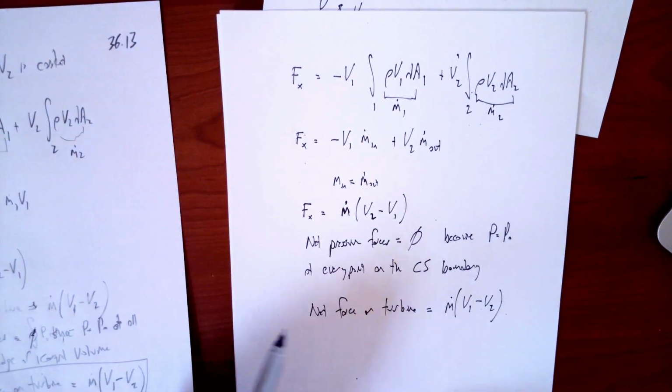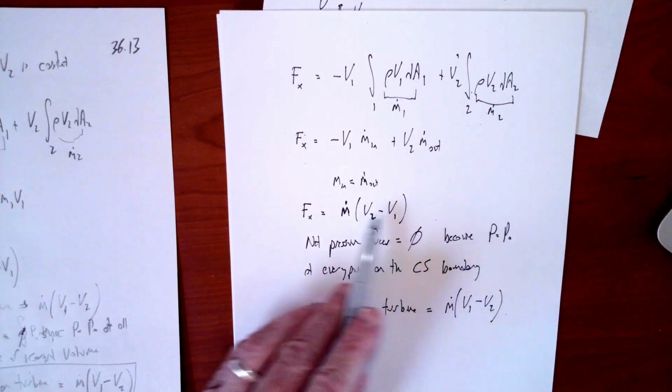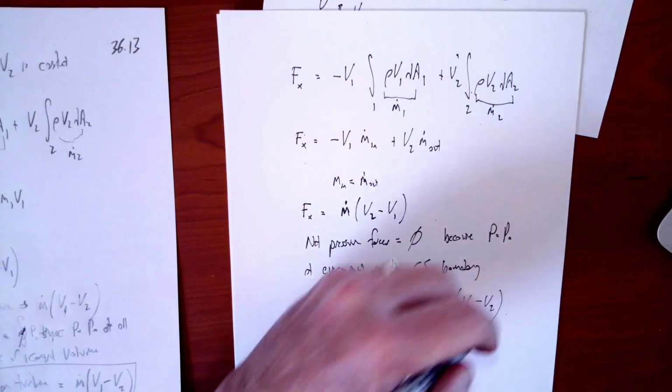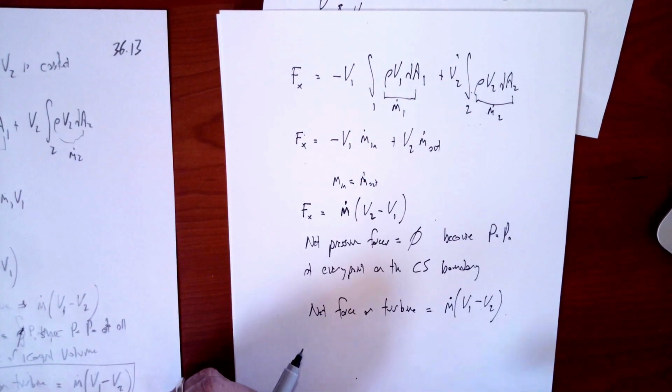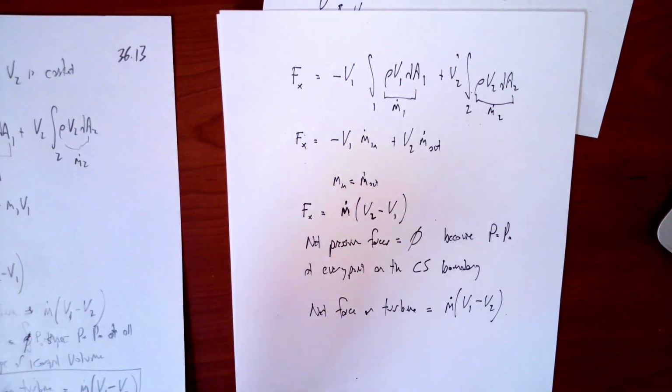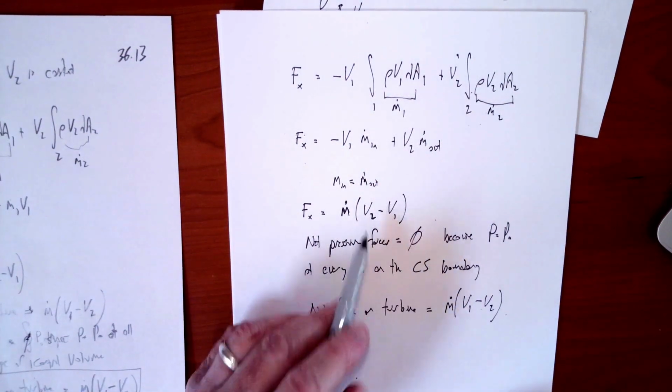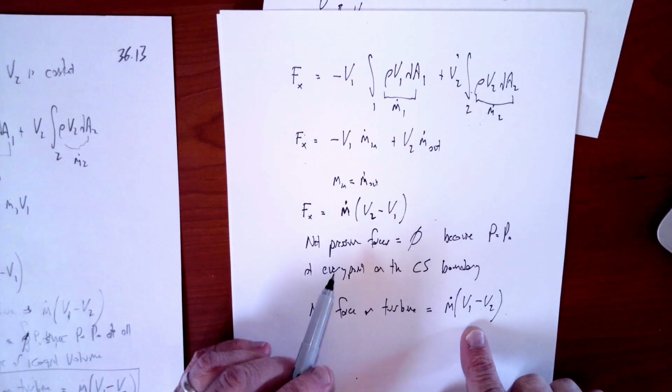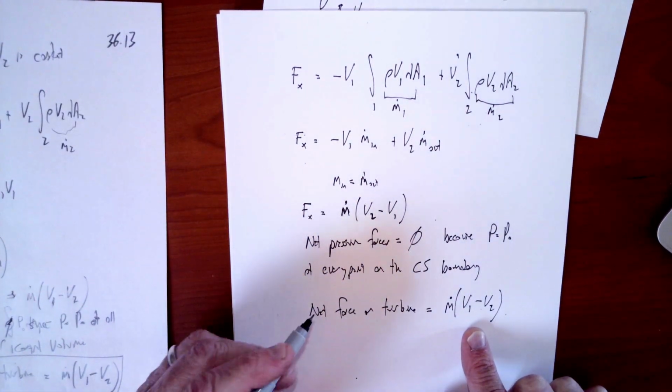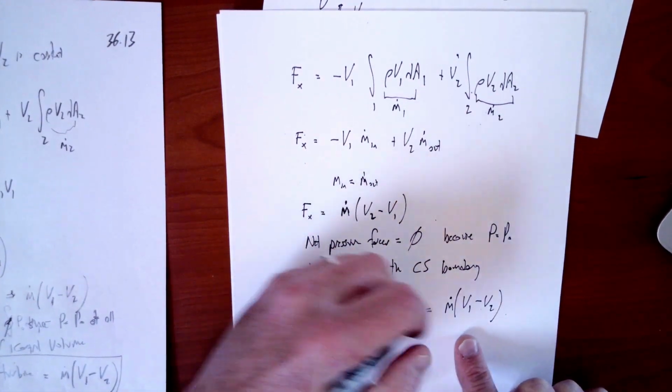The v2 minus v1 is the force that has to be exerted to keep things from moving. That means the force being provided essentially by the post of the turbine has to be this, but the force being exerted on that fluid, the net force on the turbine, is this force.